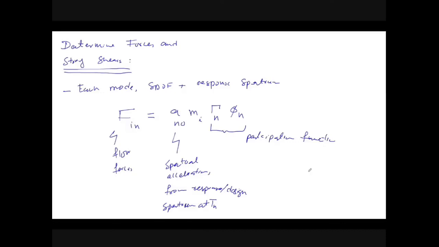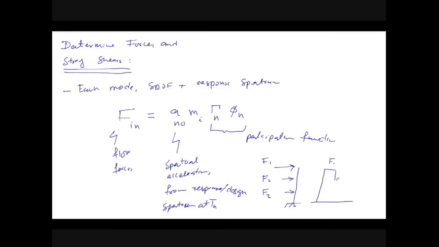For example, say we have floor forces in this way for a 3-story building: this is F1, this is F2, and this is F3. We can write it in a reverse way. Let me draw the shear diagram. In this story, it will be equal to F1.